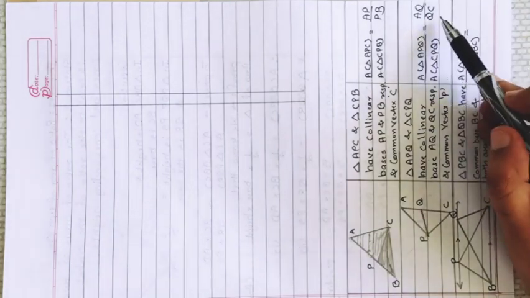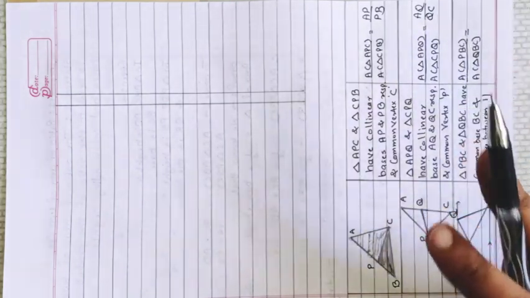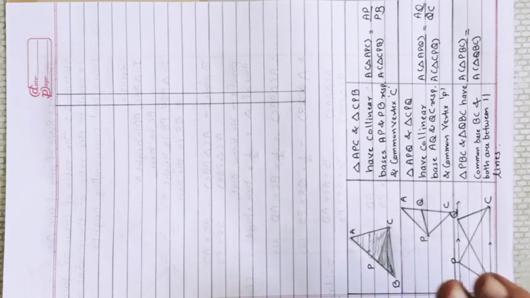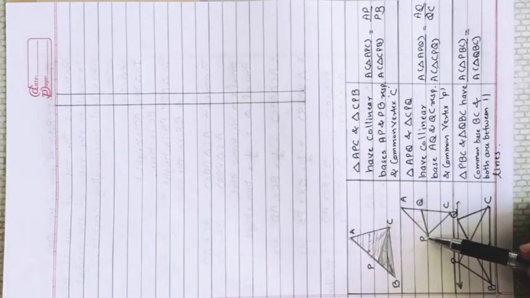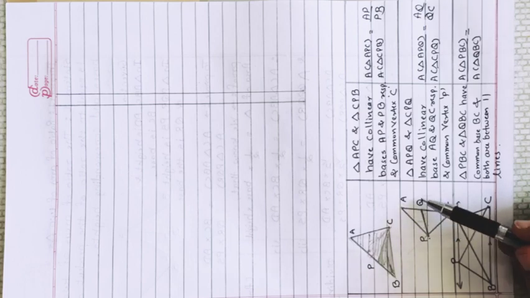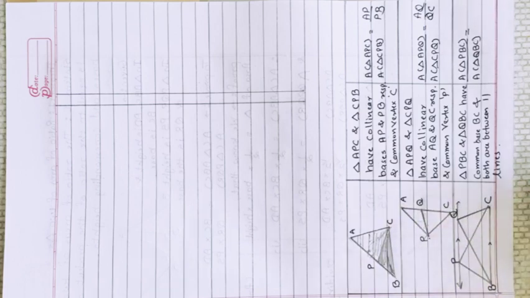So when the bases of two triangles are collinear and they have the common opposite vertex, it means the height is constant. When height is constant, the ratio of areas of those two triangles will be equal to the ratio of their corresponding bases.